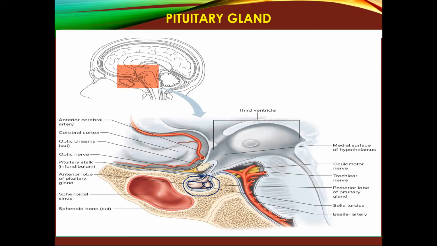It is not really produced there, but it secretes 2 hormones. And it has a direct connection with the hypothalamus. So this is the hypothalamus over here. This hypothalamus controls the production of hormones from this pituitary gland.